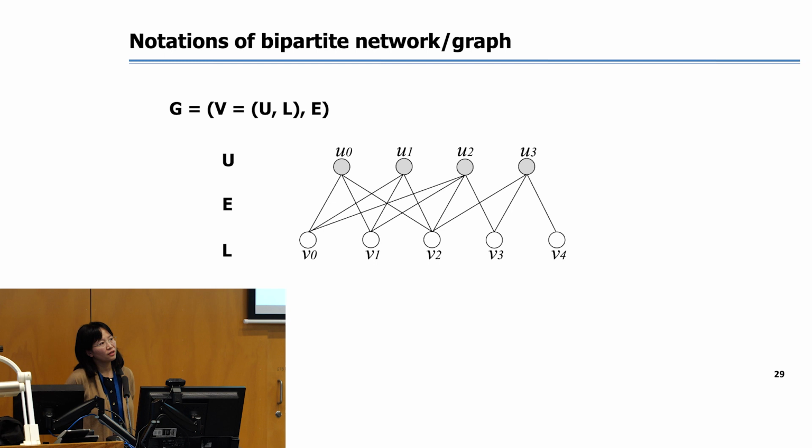If it's a K-core subgraph, we require all the vertices to have a degree of at least K. That is the definition of K-core. So how can we extend it to a bipartite graph? Here we have two layers of vertices, and its structure is different. There are no connections among the vertices on the same layer.